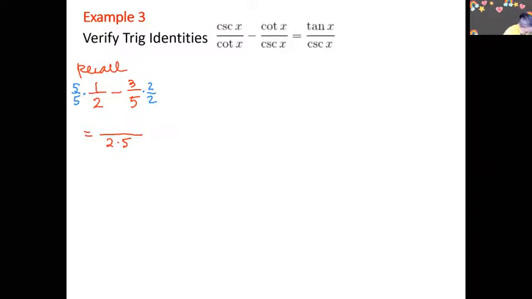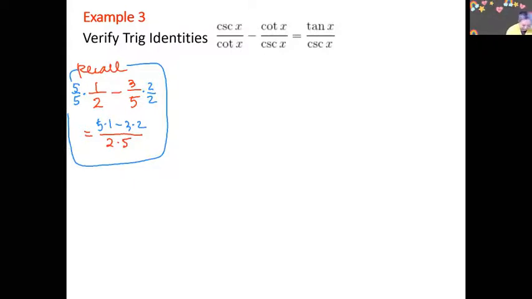Then the top will be 5 times 1 minus 3 times 2, and you can go from there. So recall this method, and we're going to apply it exactly onto two fractions subtracting together: cosecant x over cotangent x minus cotangent x over cosecant x, right?